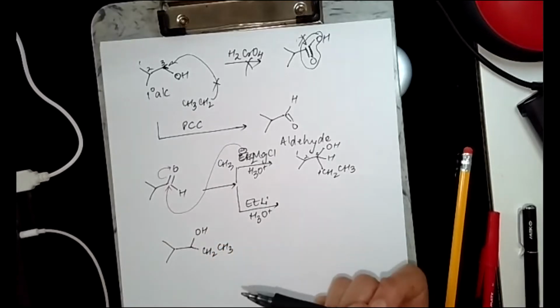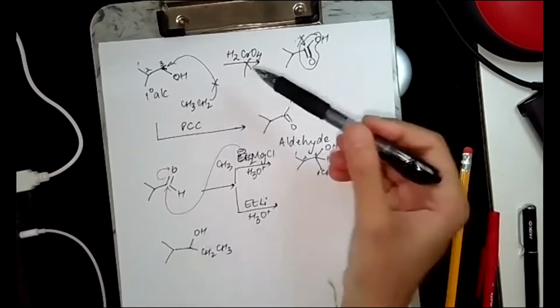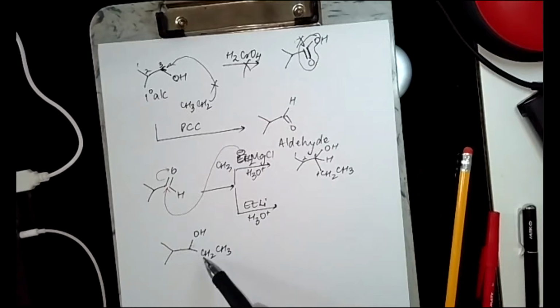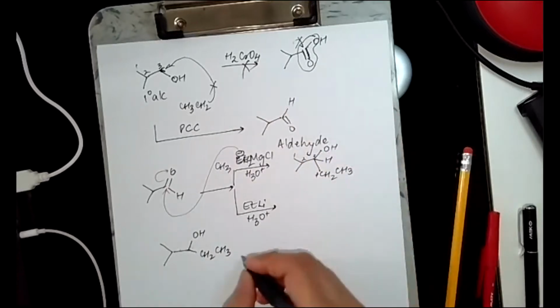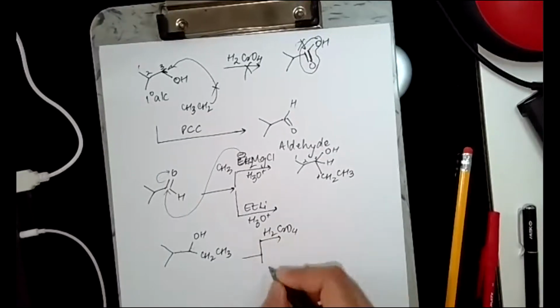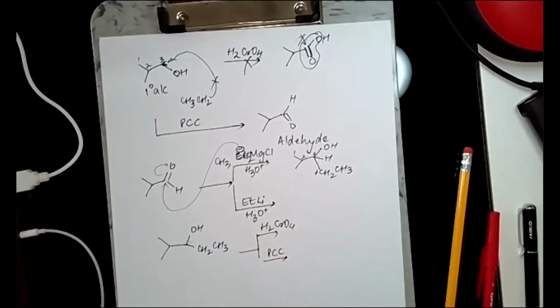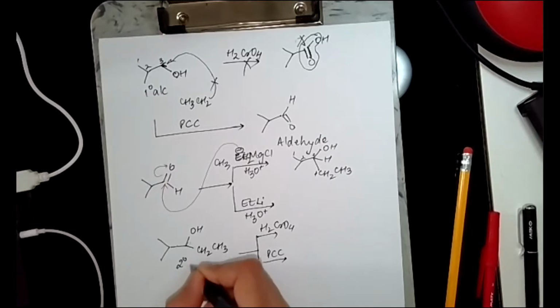What is an oxidizing agent? Which will add oxygens to my carbon. So because I will form a ketone anyways, I can now use either this or this. I can use either of them. H2CrO4. I can also use PCC. I can now use both of them because this is a secondary alcohol.